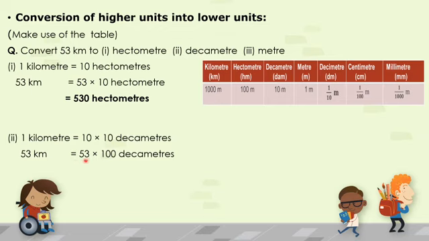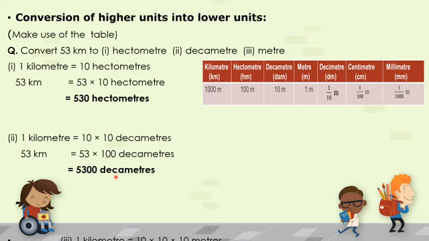So 53 into 100 decameter. I repeat, from kilometer to decameter, what is the distance of 2 places? 1 place, 2 place. So 2 places we are going. So we will be saying 10 into 10 is 100. 53 into 100 decameter equals to 5300 decameters.